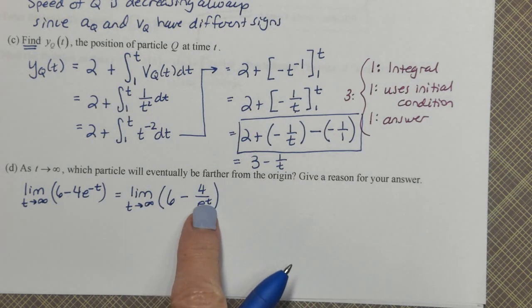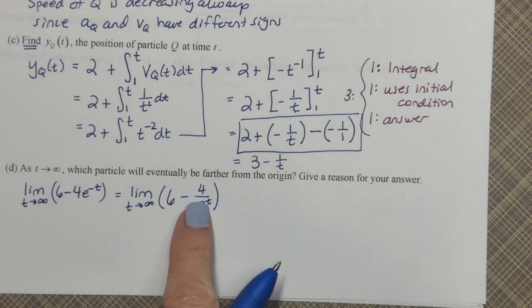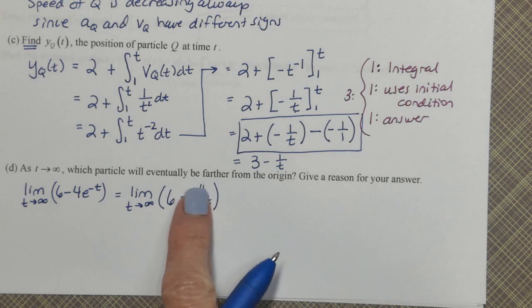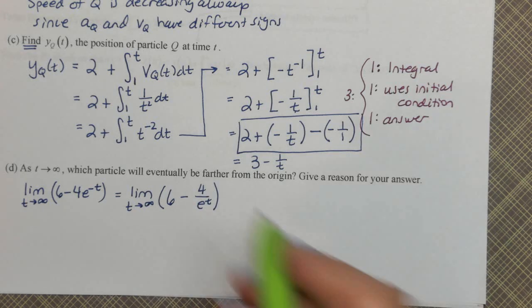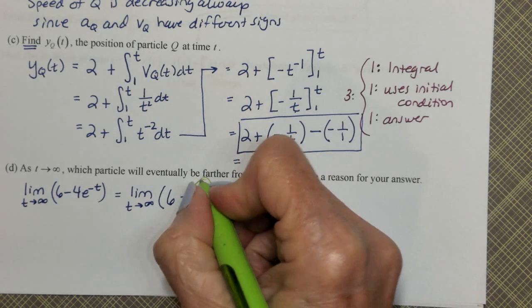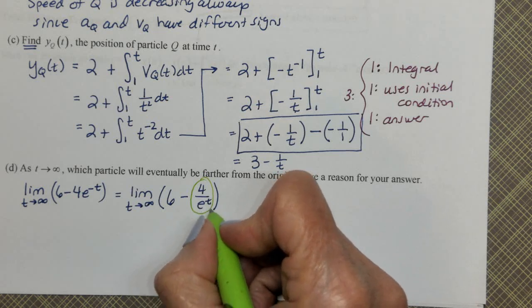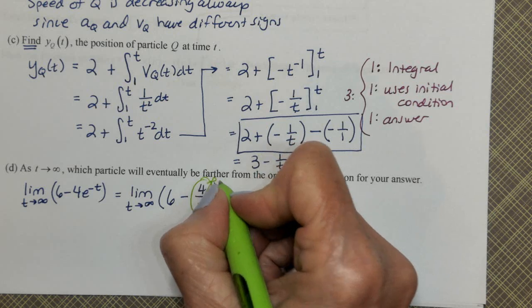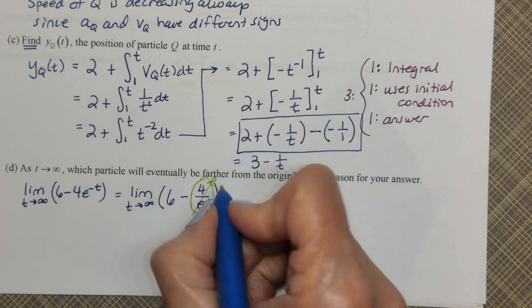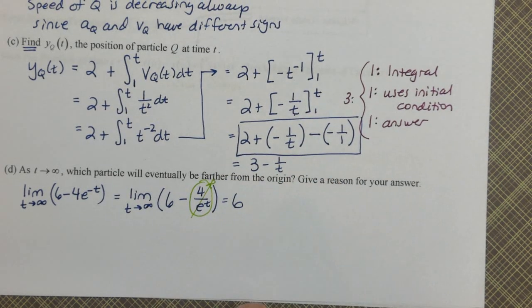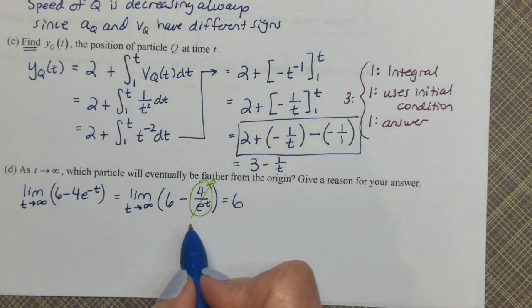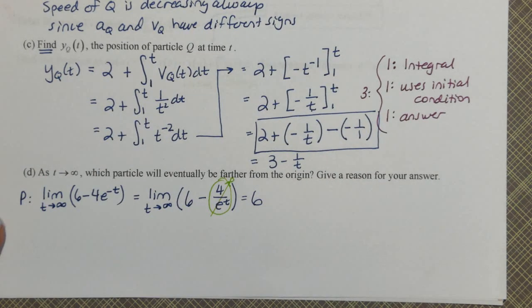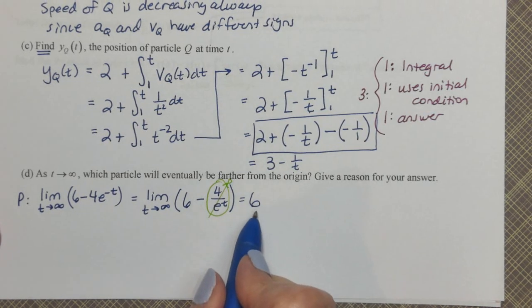As t goes to infinity, the denominator is going to infinity. 4 divided by something going to infinity is 0. So this piece right here is going to 0 because we have a super humongous denominator and only 4 on top. So this is 6. So P ends up, its long-term position will be 6.